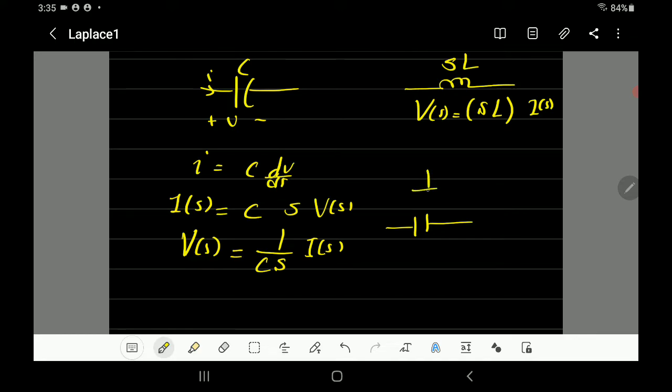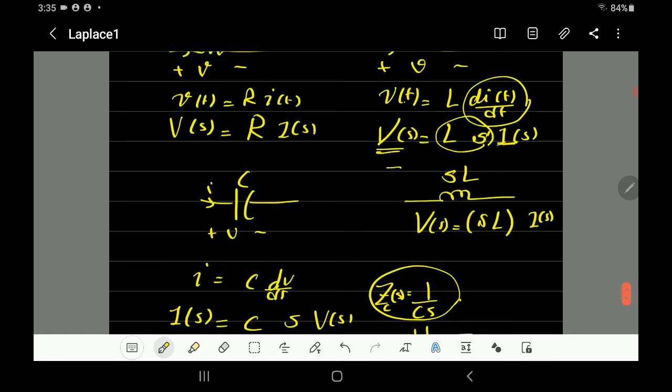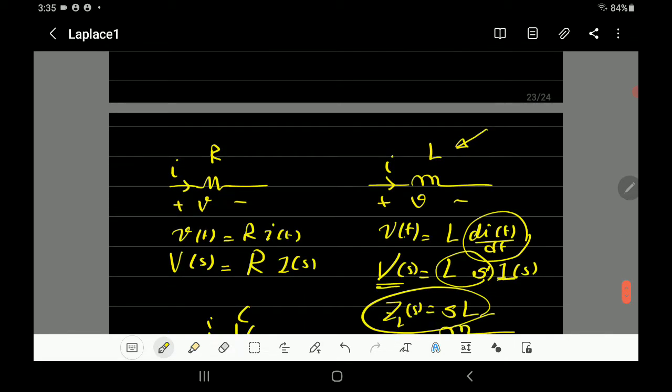So that's the impedance of the capacitor in the s domain, 1 over Cs, and that's the impedance of the inductor in the s domain, sL, and the impedance of the resistor is still the same, R.